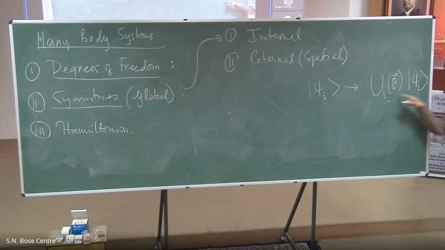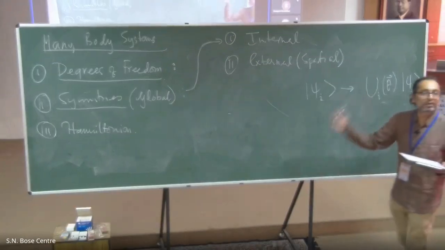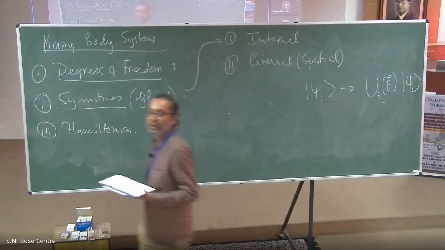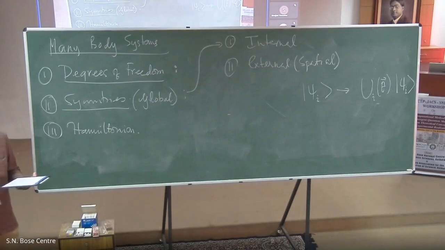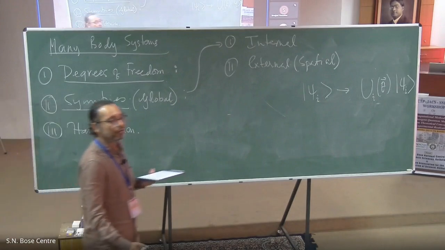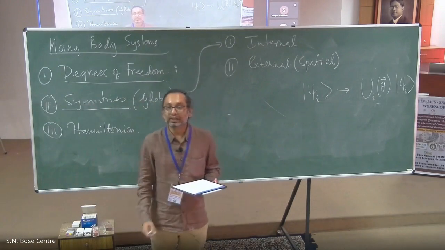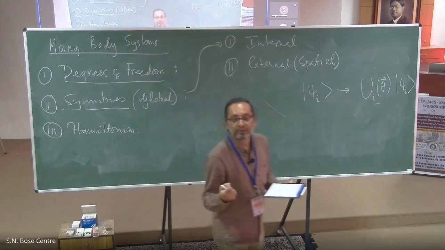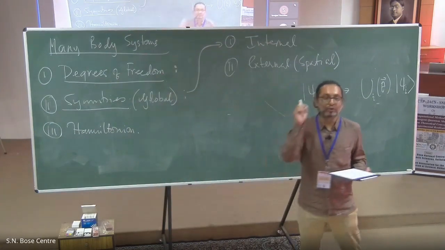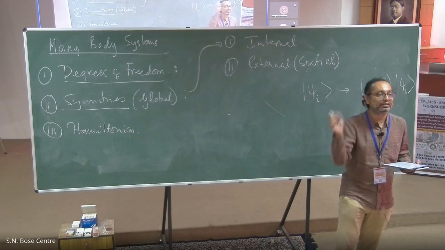It does not change the particular Hilbert space. Examples of this are spin rotation, time reversal, etc. So they don't change the position of the spin, or the degree of freedom. In other words, they don't mix the local Hilbert spaces.